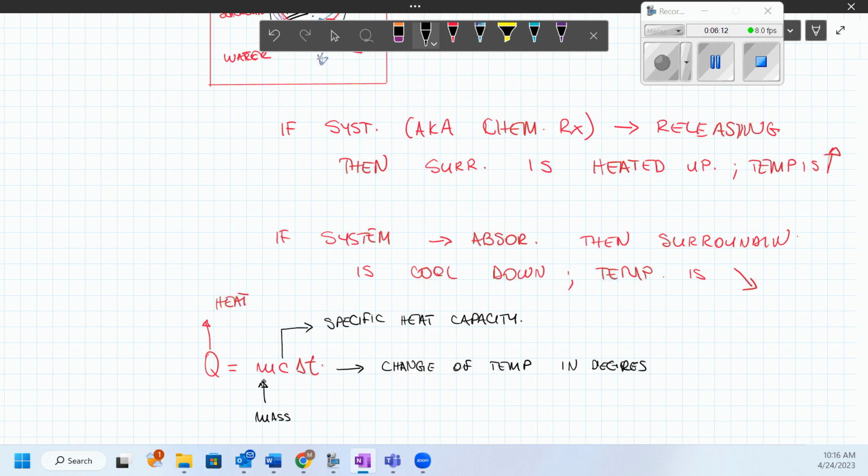So the units for mass are either grams or kilograms. Specific heat capacity units are joules per kilogram times degrees Celsius, or joules per gram degrees Celsius, depending on what it is.